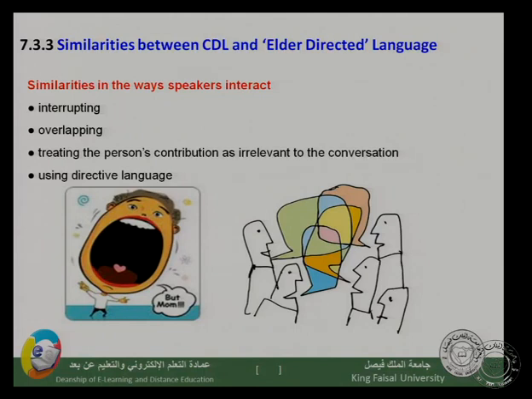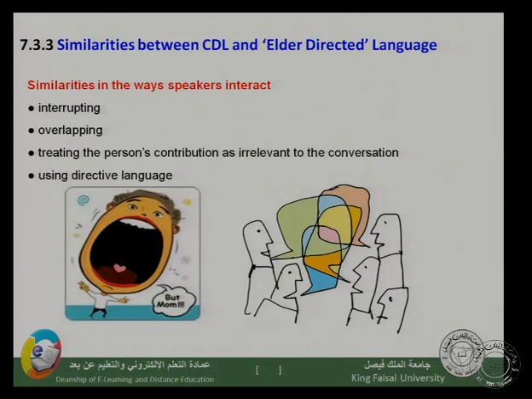Also their sounds overlap when they speak at the same time, and their sentences overlap. You do not understand who is saying what and what everybody is saying. So there is an overlapping in the conversation and the vocabulary.